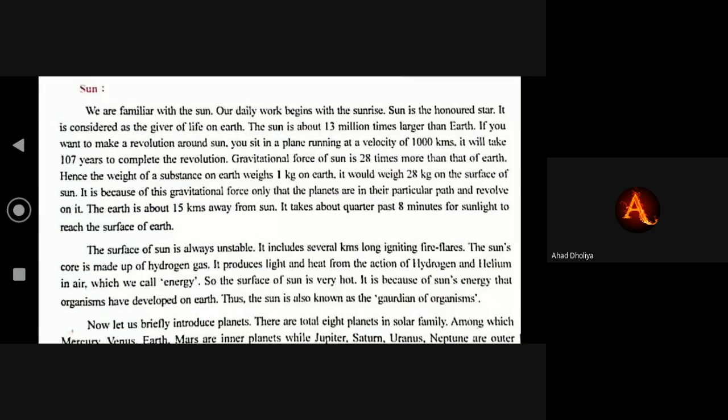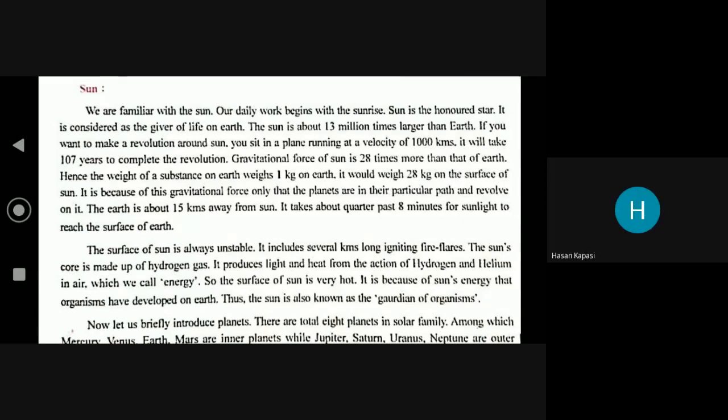If you want to make a revolution around the sun, you sit in a plane running at a velocity of 1,000 kilometers. How many kilometers? 1,000 kilometers. It will take 107 years to complete one revolution. How many years will it take you to finish this revolution?